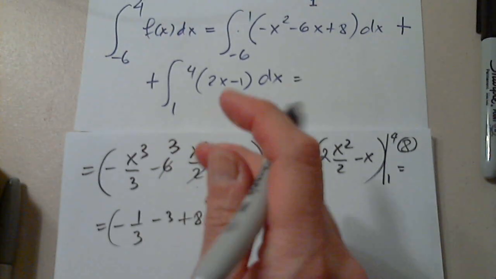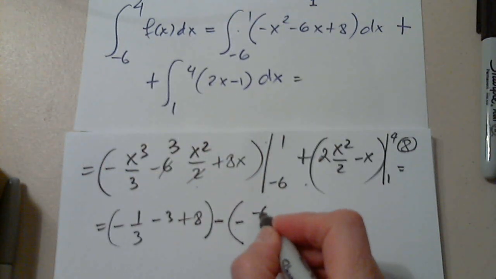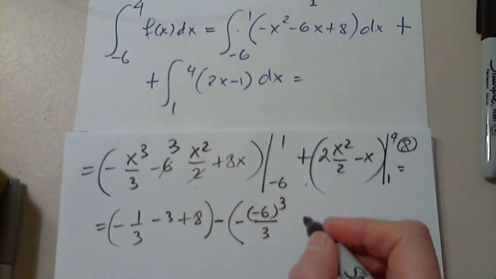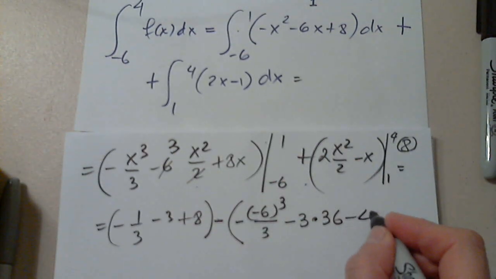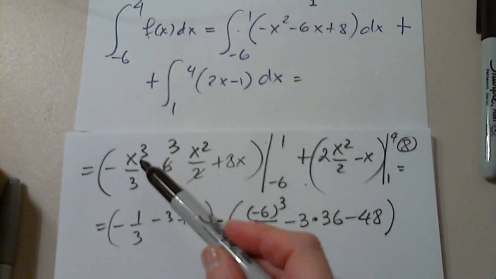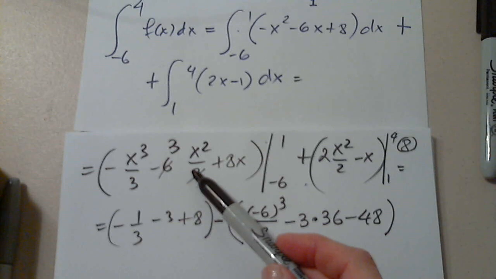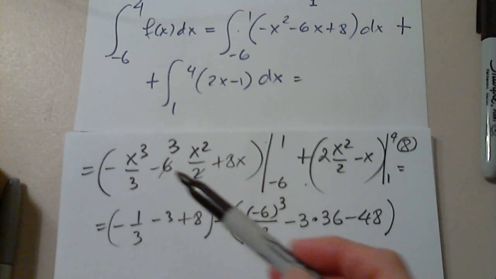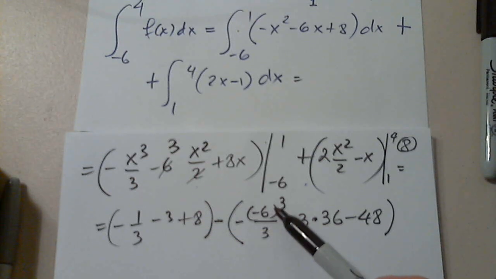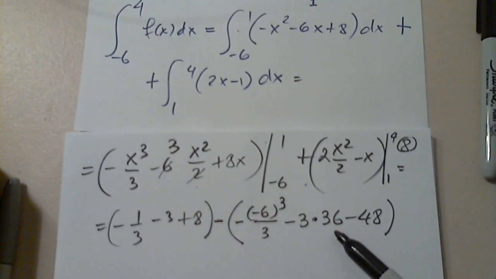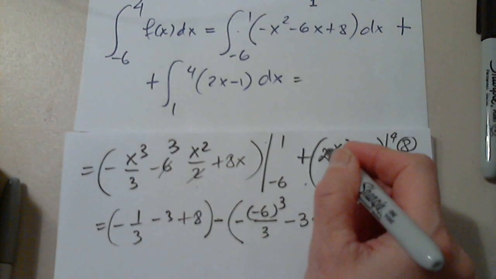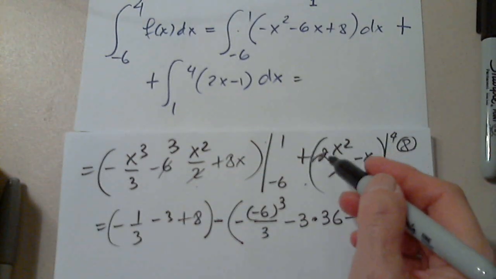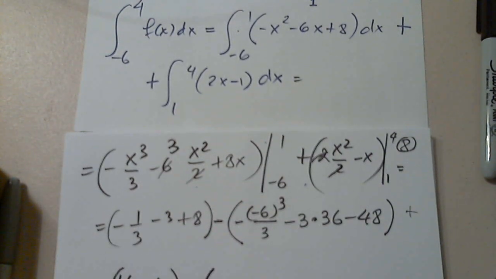So minus when I plug in negative 6: negative 6 to the third over 3 minus 3 times negative 6 squared, which is 36, minus 6 times 8. Plus, when I plug in 4, 16 minus 4, minus when I plug in 1, 1 minus 1.